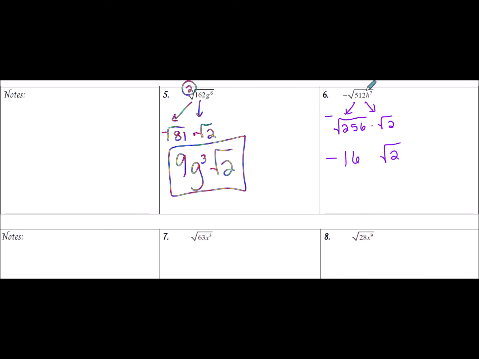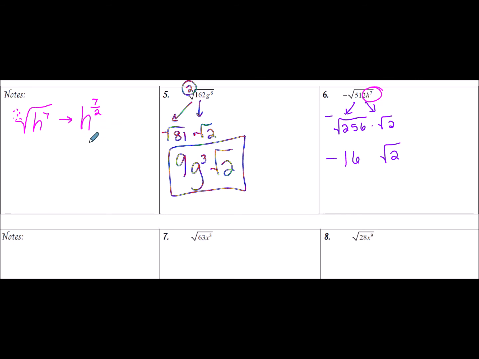Now let's take a look at the h to the 7th power. Think back. If we have h to the 7th, how can that be turned into exponent form? There's an invisible index, and I hope you know it's a 2, because if it's not there, it's understood it's a 2. So this becomes h to the 7 halves. Well, 7 divided by 2 gives you a remainder.